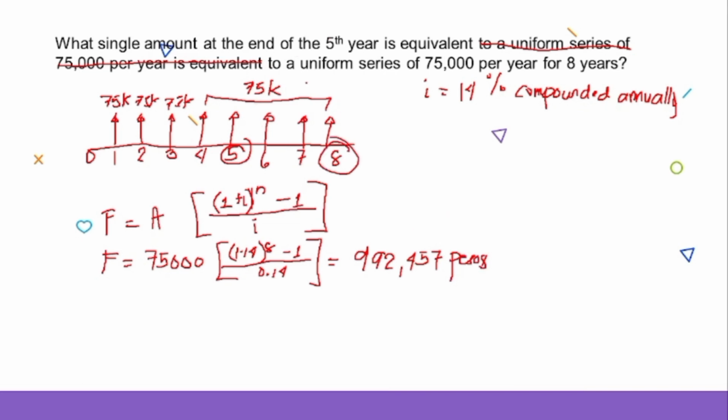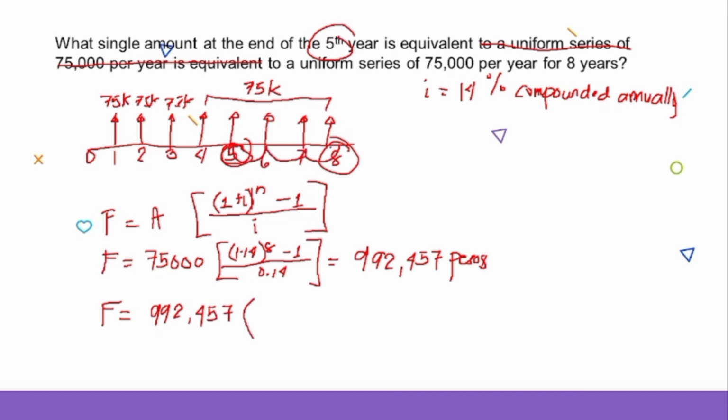But we are asked to determine the payment that we will give sa 5th year. So, etong 992,457 natin in this 8th year, ibabalik natin siya sa 5th year. So, 992,457 times, ibabalik natin siya, 1, 2, 3.